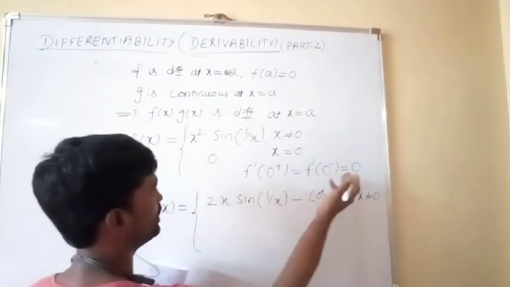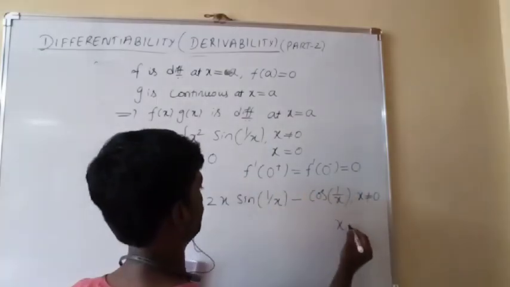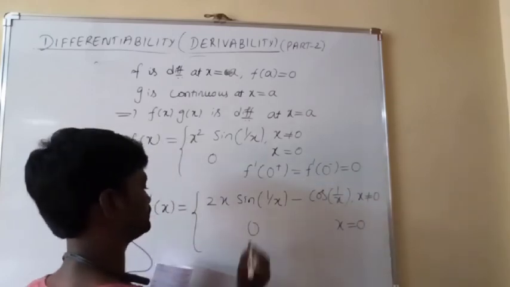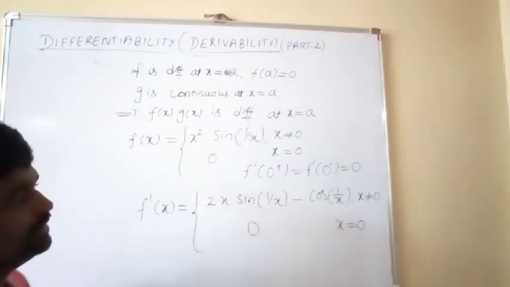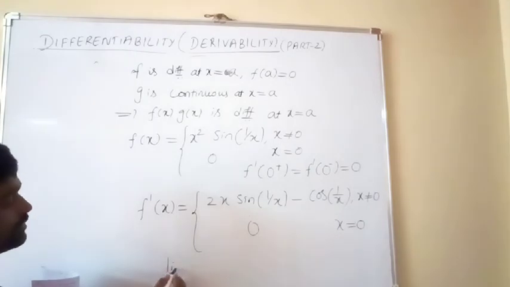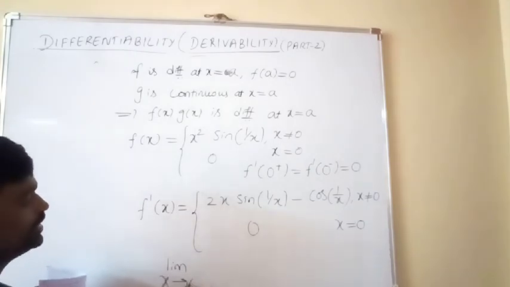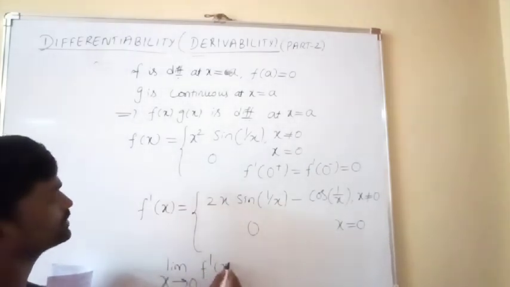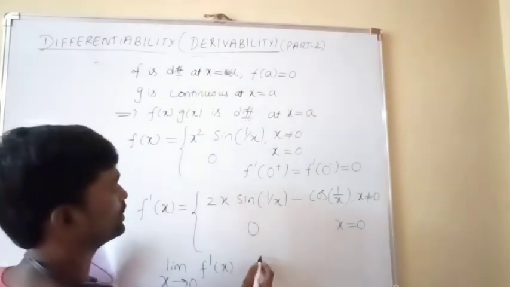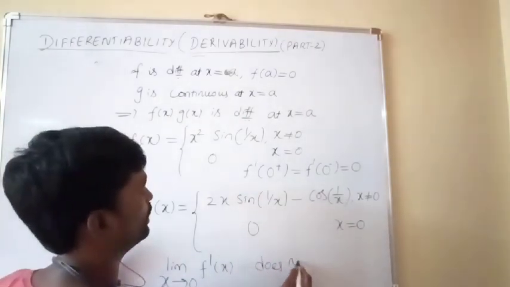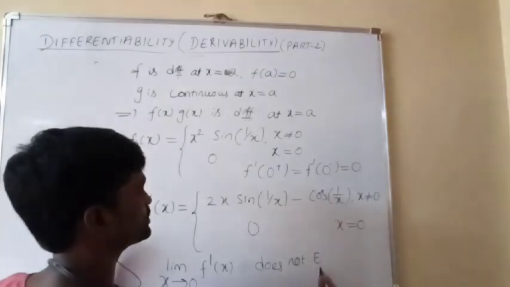As left hand derivative and right hand derivative are both 0, the value of f dash x at 0 is also 0. See, for this function, the limit as x tends to 0 of f dash x does not exist.